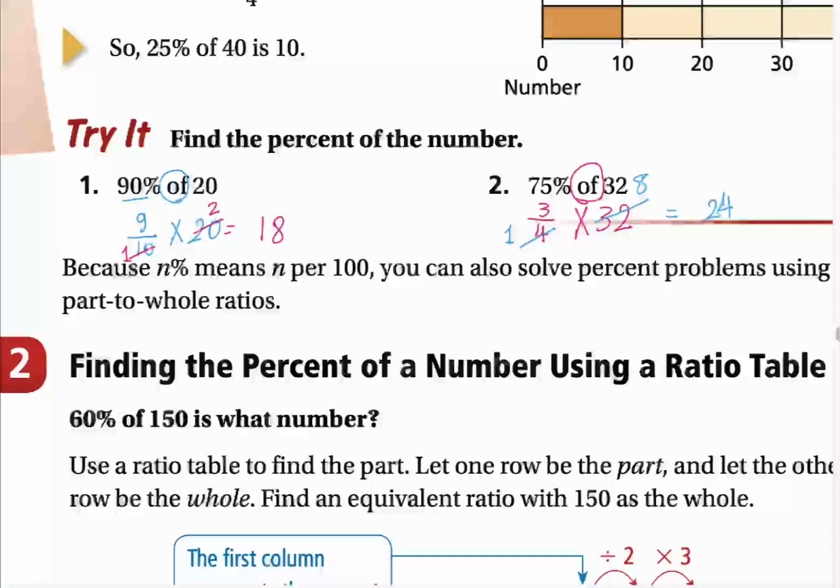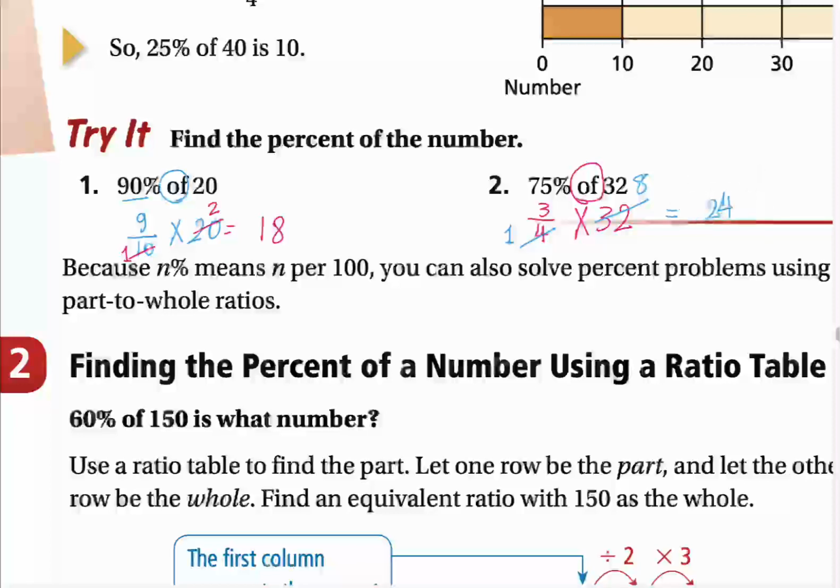Okay, guys, do you have any problems? No. We can do this if we have percents as fractions that we can use easily with the number that we have. We didn't finish, my heroes.